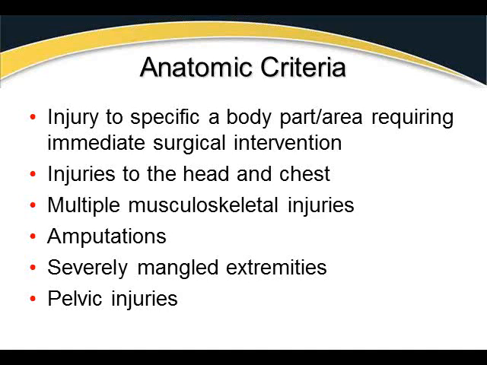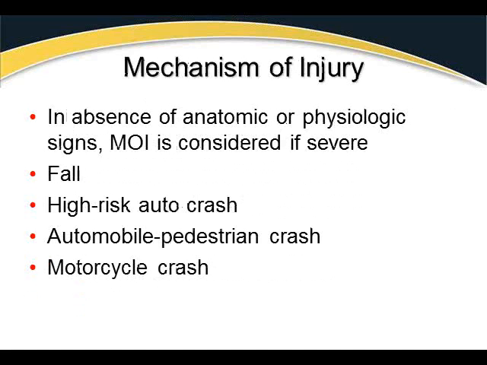Amputations. If you have an amputation, that's obviously pretty severe in many cases, as long as it's anything beyond the wrist or the ankle. Severely mangled extremities, pelvic injuries. A lot of these things show that there's been high energy and the patient has probably undergone significant shock or trauma to their system.